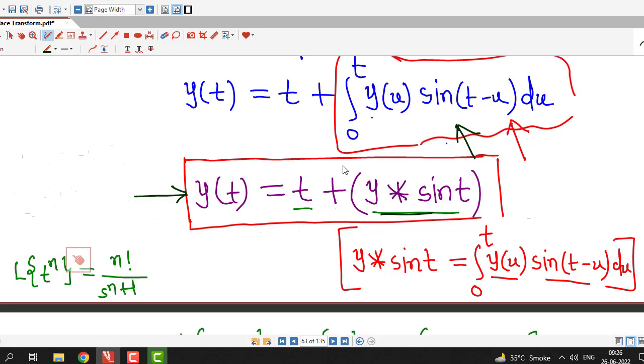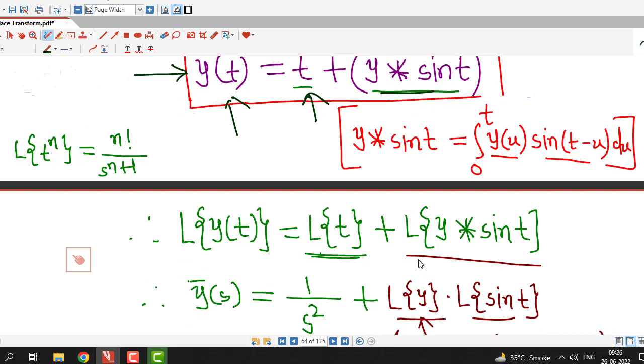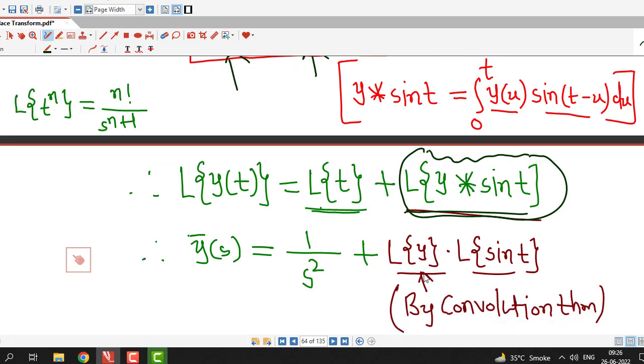After that we consider the Laplace transform on both sides of this equation, and we will have the Laplace transform of a convolution here. So here we will apply the convolution theorem for Laplace transform, which says that the Laplace transform of a convolution is equal to the product of the Laplace transforms of those two functions.